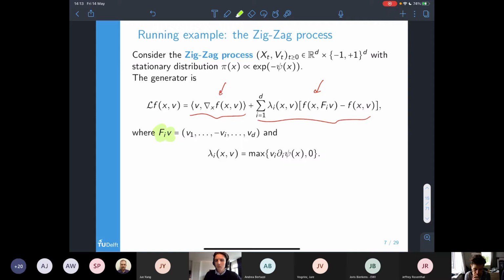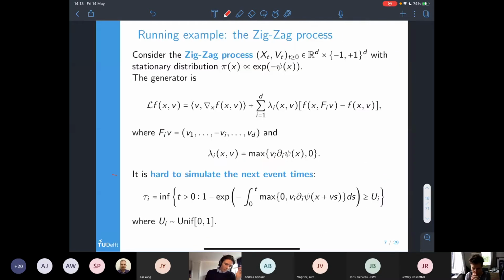Basically, F_i acts as a flipping operator and flips the ith component of the velocity. And the key quantity, if we want to sample from pi, turns out to be this lambda. We need to choose it in this form if we want to converge to the correct stationary distribution. In particular, this is the maximum between 0 and v_i times the ith partial derivative of psi. Okay, so this would be a zigzag process.